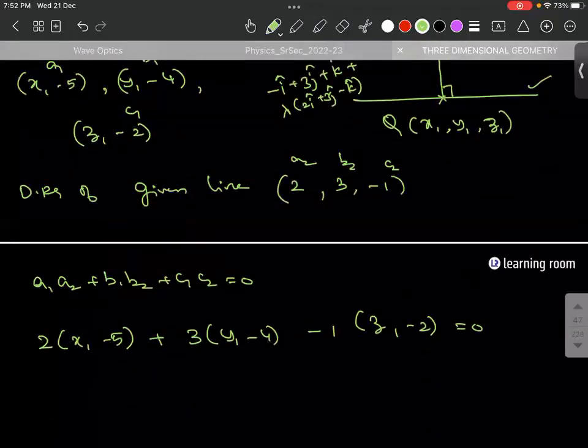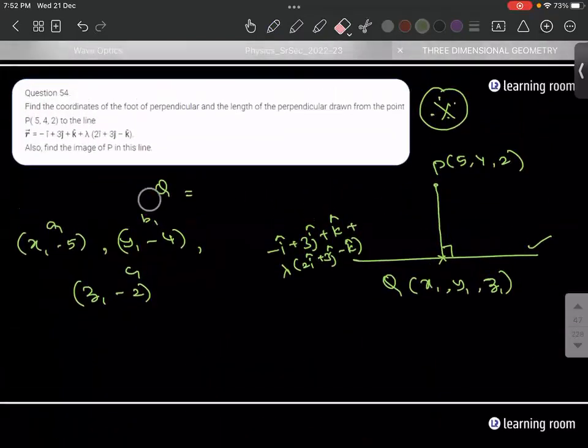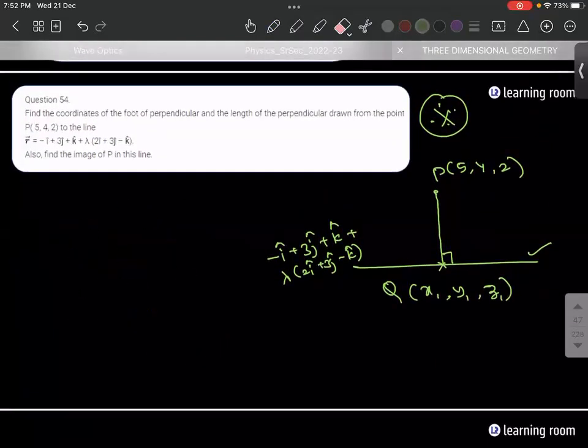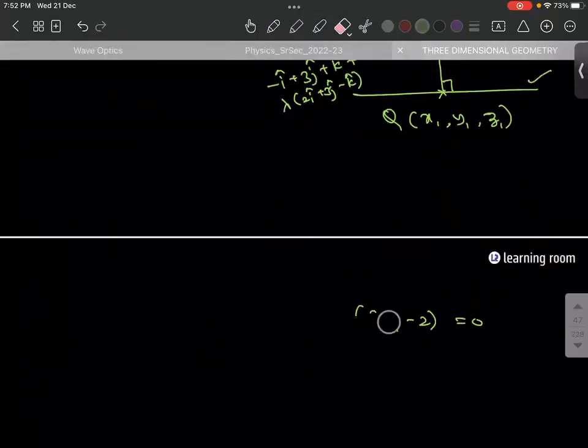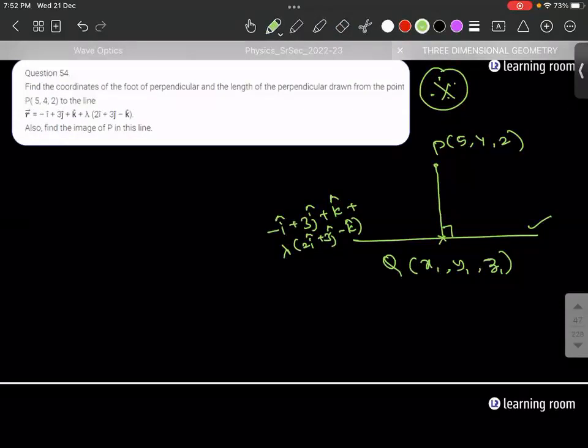Okay, I'll do one thing. Better write the equation of PQ. Sir, I have a doubt. Tell me that. Sir, why can't we use the same logic as we used for the previous sum? Since Q lies on that line, can we say X will be 2 lambda plus 1?